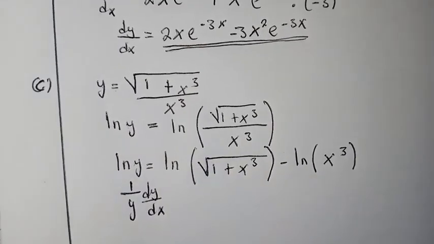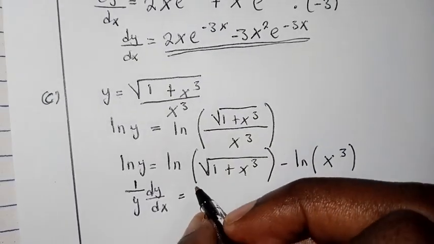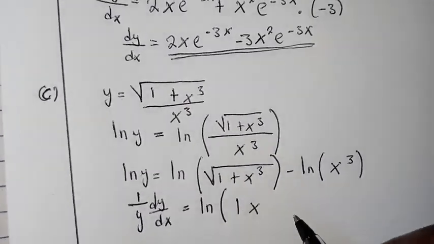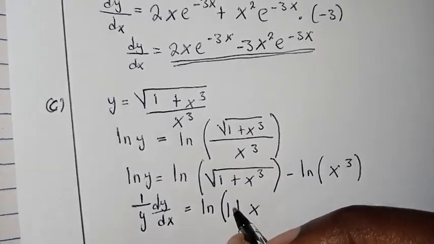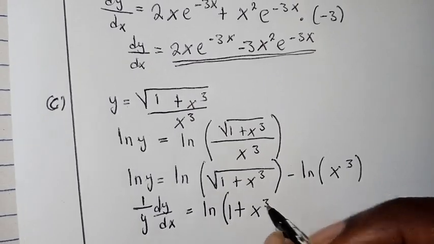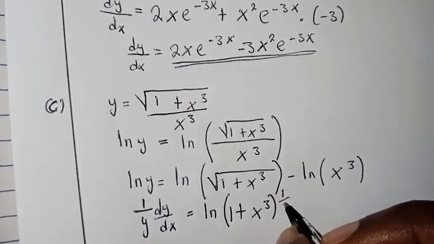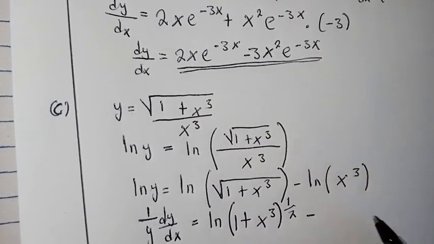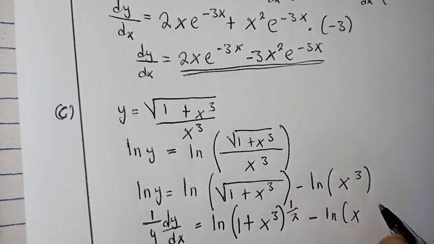This is what you learned in implicit differentiation. So equal to, I know that this can also be written as ln of 1 plus x to the power 3, everything to the power 1 over 2, this is the square root, minus ln x to the power 3.